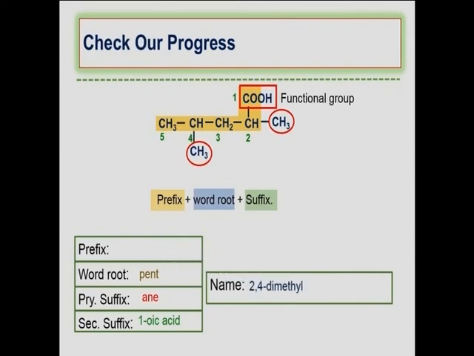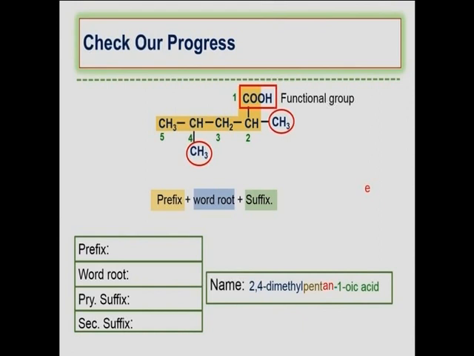The name for this compound will be 2,4-dimethyl pentane, and if the secondary suffix starts with a vowel, not a consonant, then you have to remove the e from your primary suffix and add your secondary suffix.